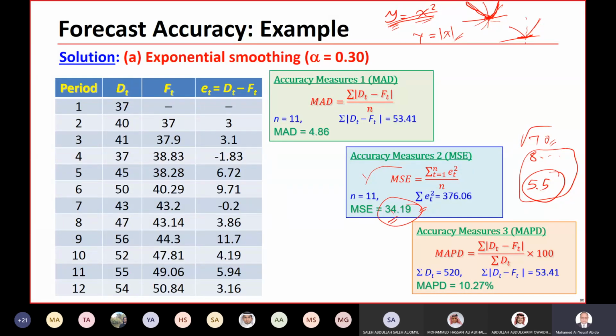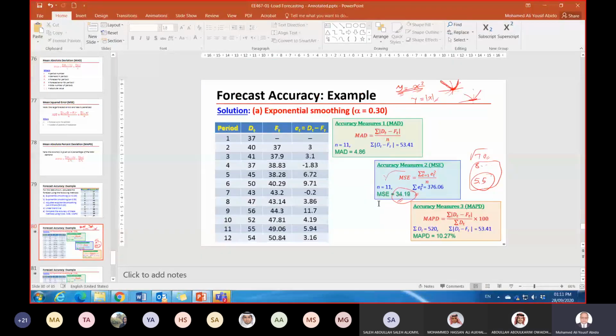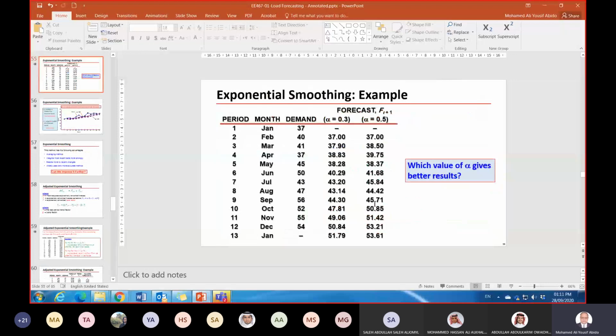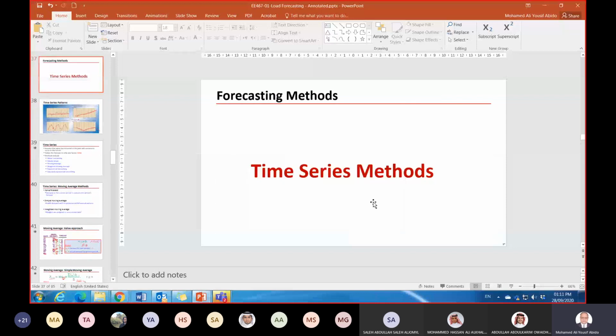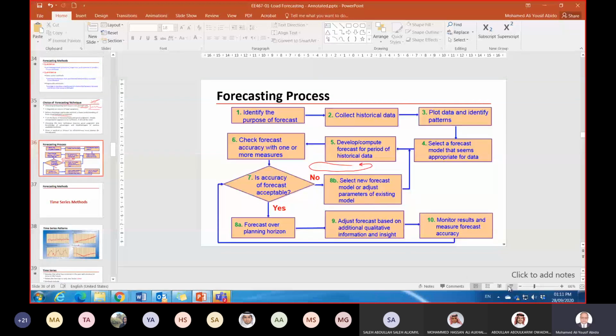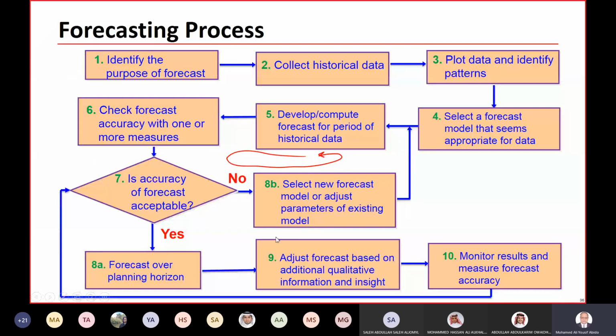If you still remember the flow chart that we have for the forecasting issue, do you still remember this flow chart? Yes. This flow chart has 2 loops. Here it is. Up to this one, you have starting 1, 2, 3, 4, 5, 6, 7, and then 8B, and then you circulate here.